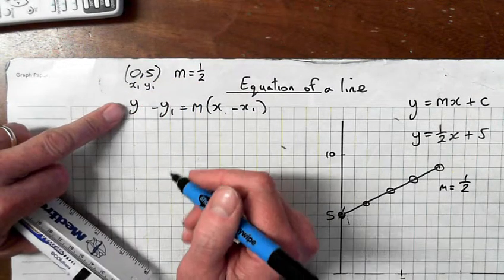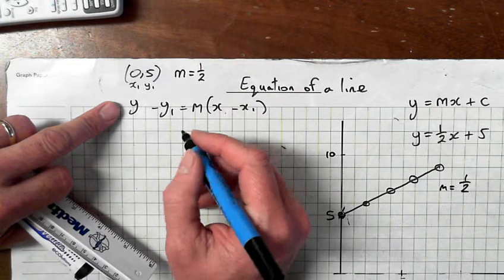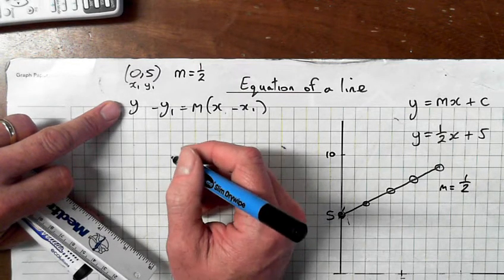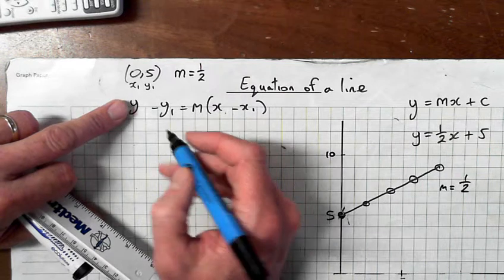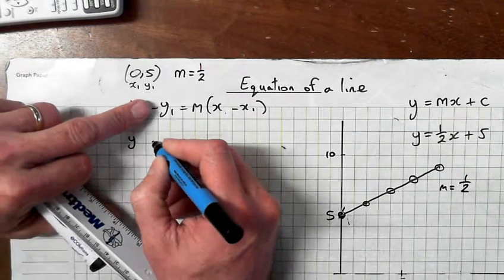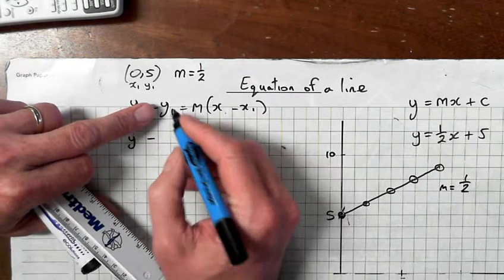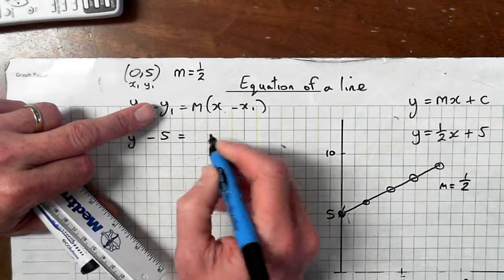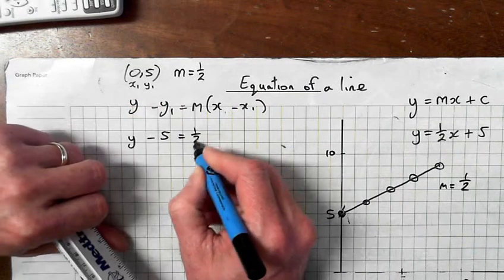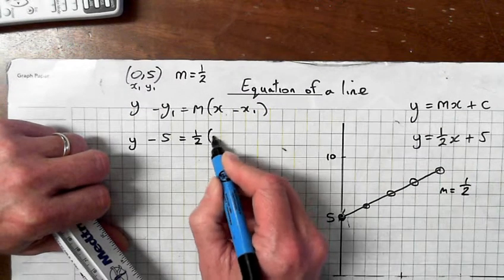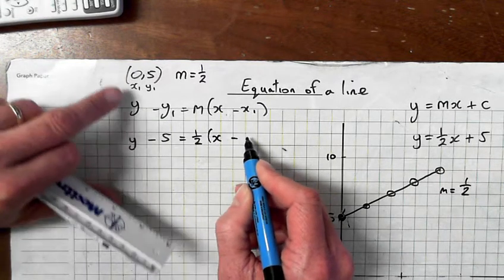Right, so we fill in the formula. Just watch. Y minus y1, which is 5, is equal to m, which is a half, times x minus x1, which is 0.